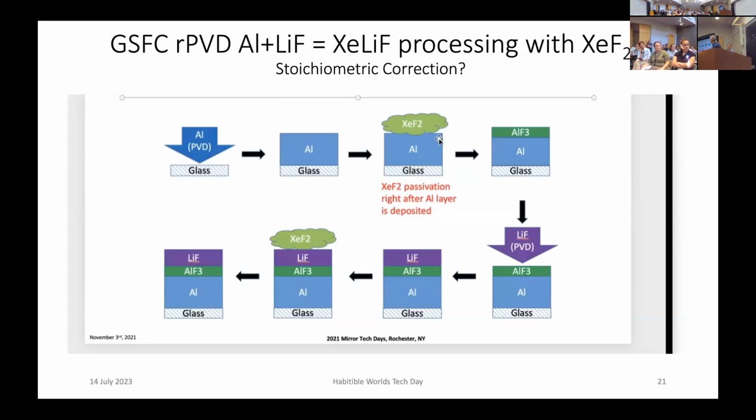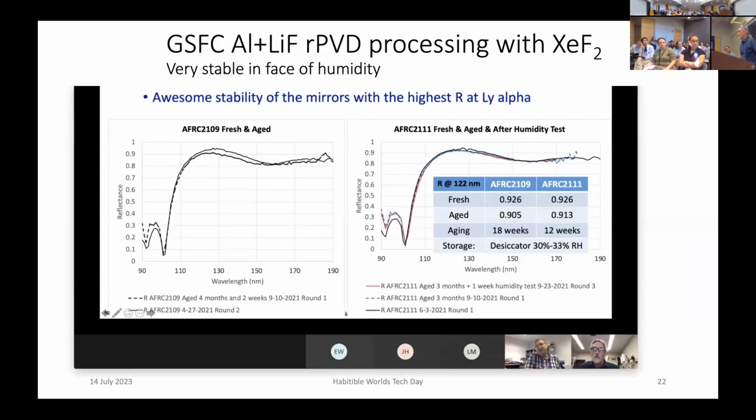And then this is the thing that they don't quite understand: you re-expose it to xenon fluoride again, and it stabilizes the LiF coating against humidity degradation. And that's something they're working on. They think it has to do with stoichiometrically correcting the surface layer of the lithium fluoride, making it more passive.